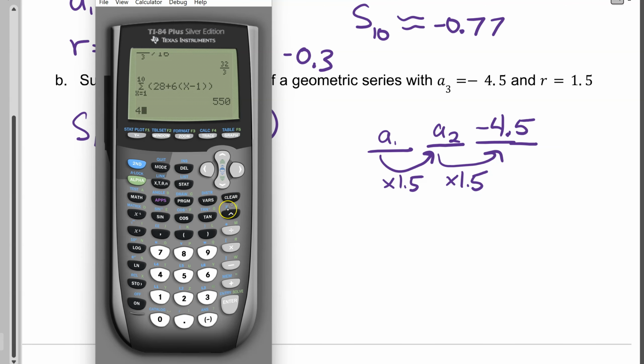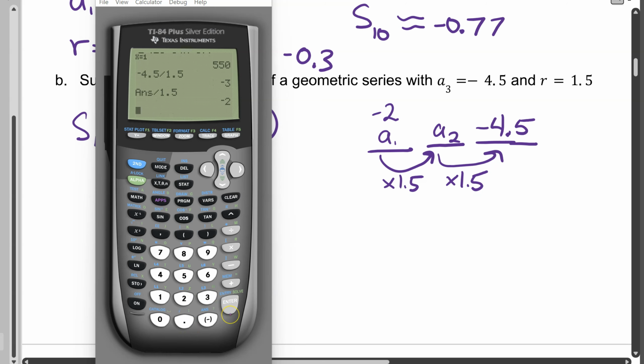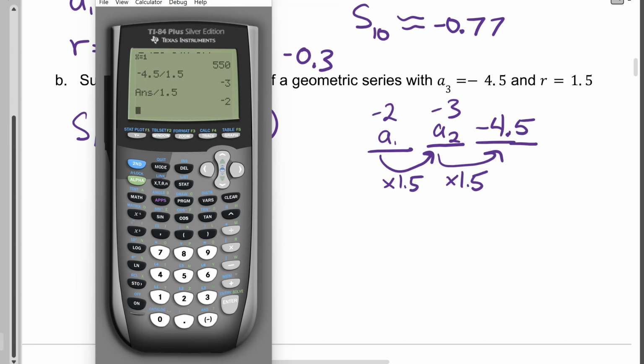I can do negative 4.5 divided by 1.5. So that's my second term. And then if I do it one more time, I get back to my first term, which should be negative 2.